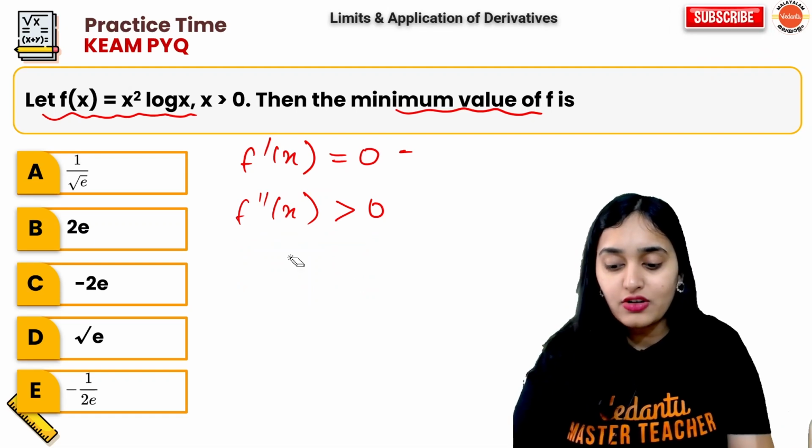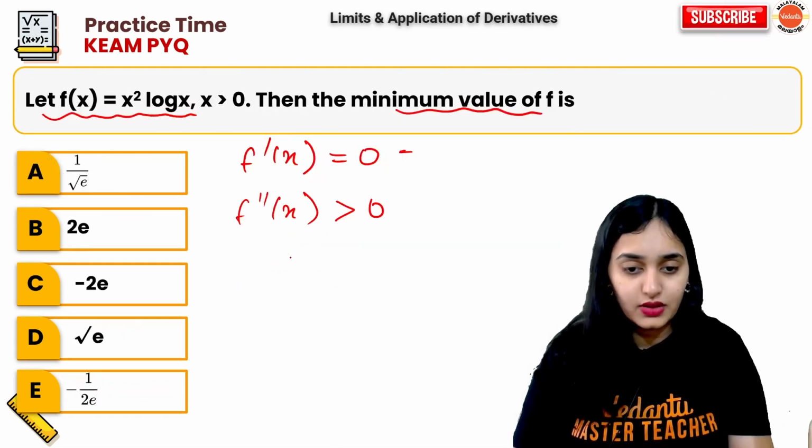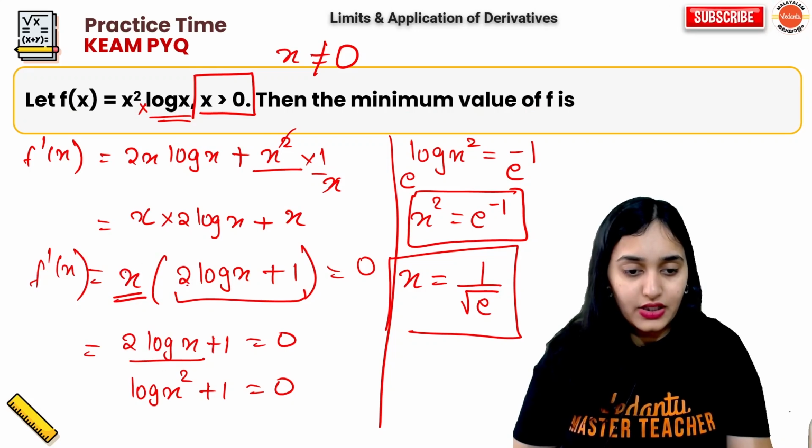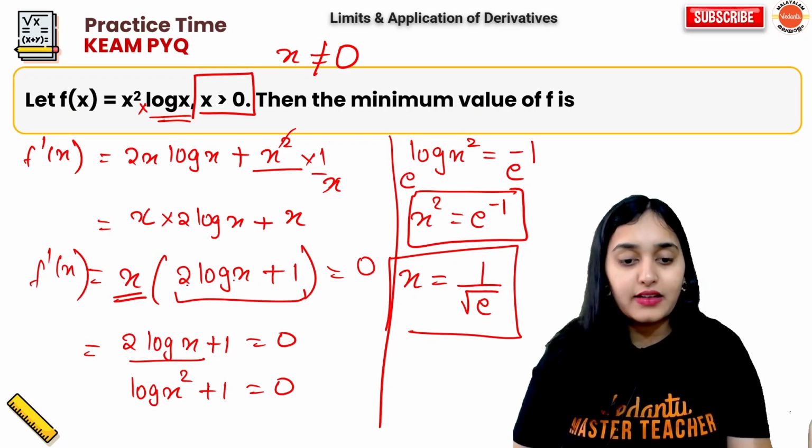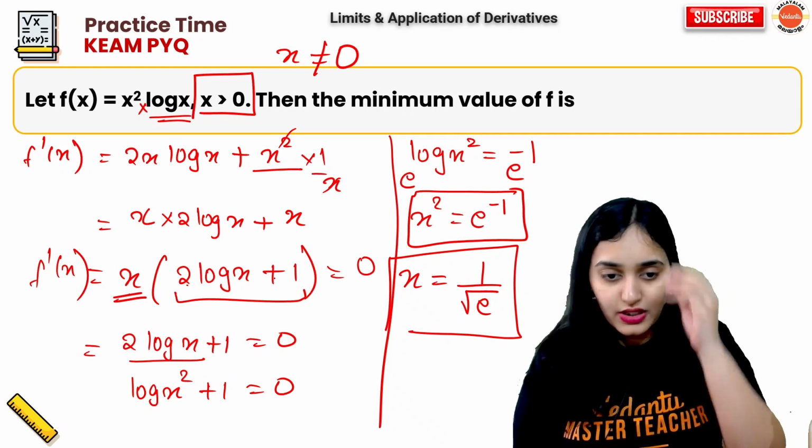What is f double dash of x? We will differentiate x into 2 log x plus 1. Let's differentiate that. What do we get?